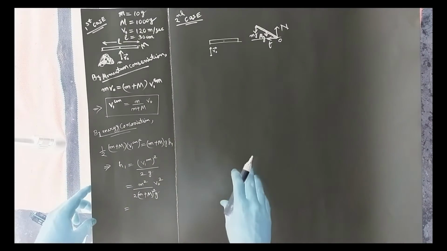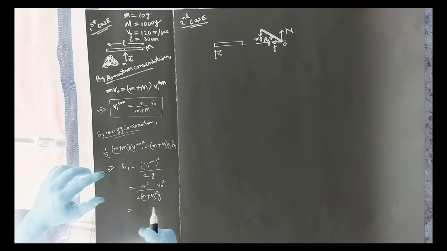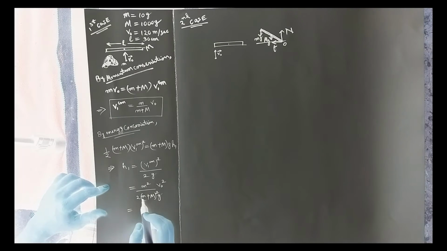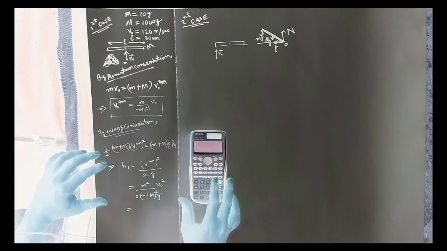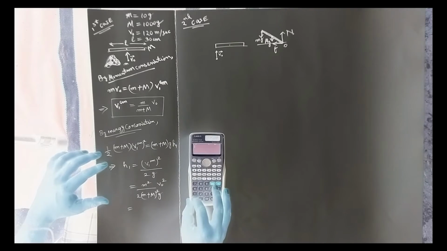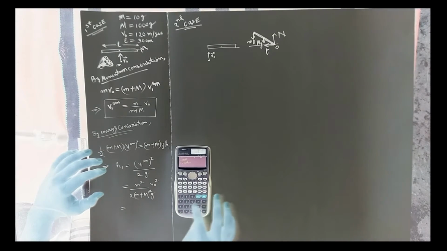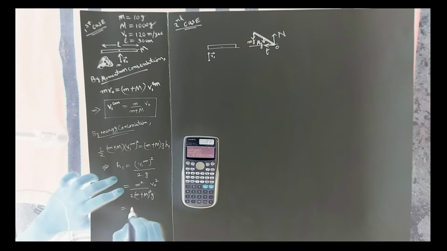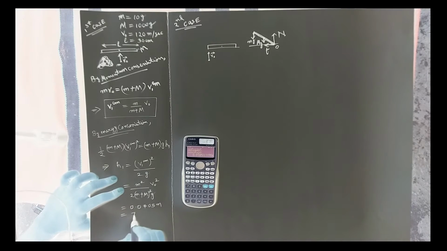Now putting all the values of v naught, small m, capital M, 2 and g, taking it as 10, and multiplying by 120 square, I am getting the value as 0.0705 meter, that is 7.05 centimeter.